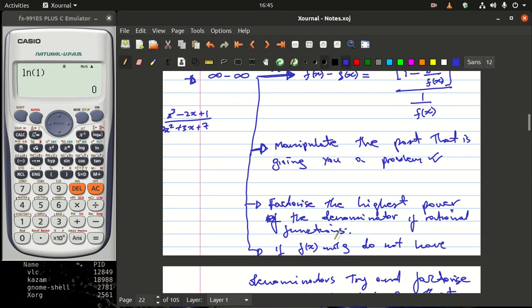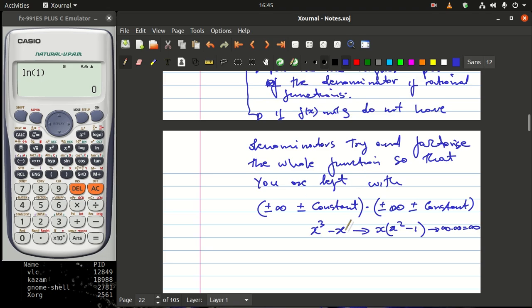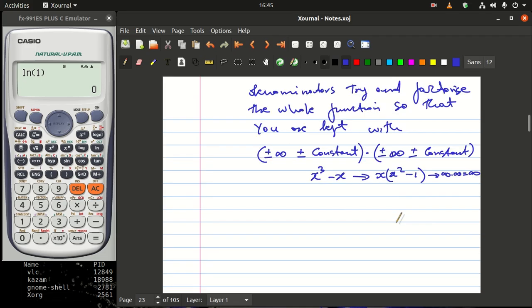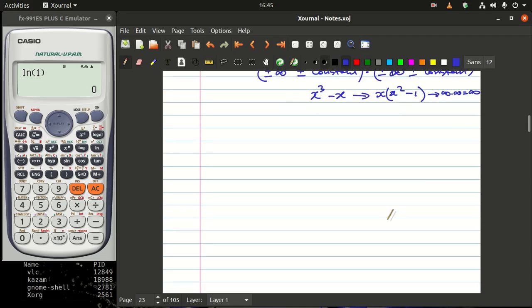But when it comes to this part here, sometimes it is always going to be easy and you can just deal with it. Of course, this one you can even deal with using L'Hopital's rule straight away. This one here is the one where L'Hopital's rule can't be used, but you need to factorize. Maybe you'll be able to see what is happening.